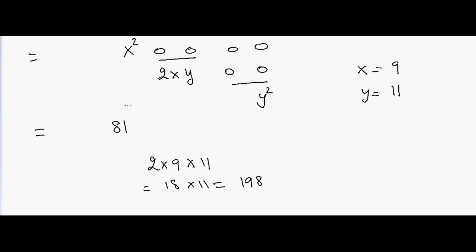So we'll have 198, and then we have y square. 11 square is 121. So 21 and carry 1 here, right? So in that case the answer would be equal to 899921. So that's your answer.